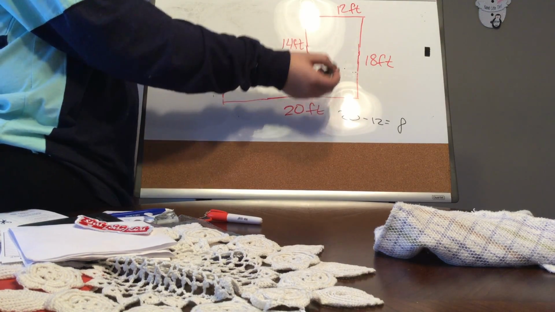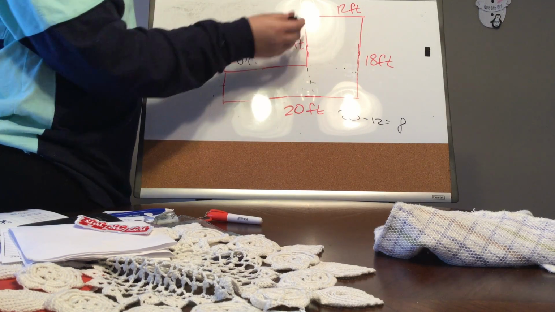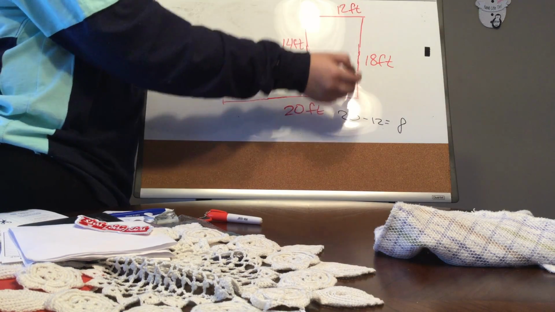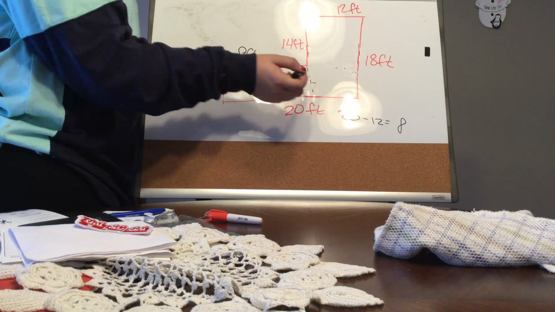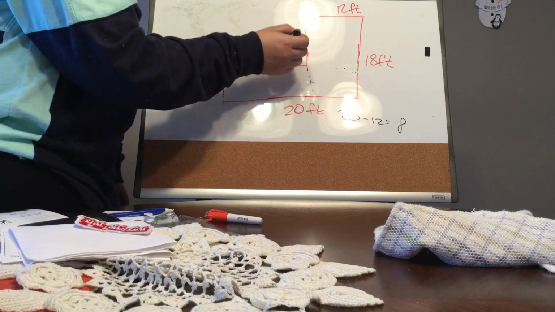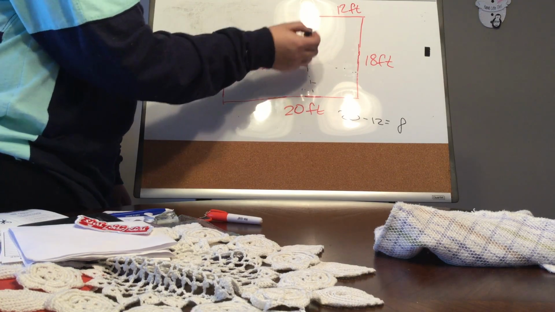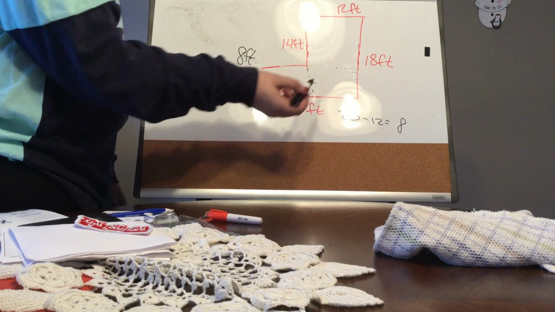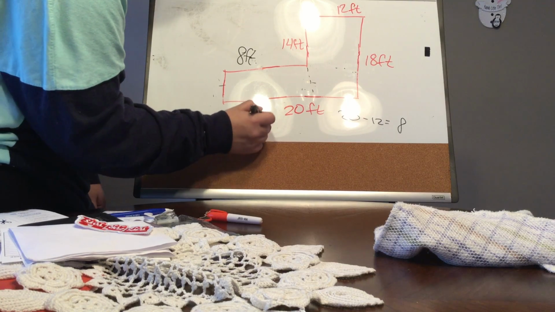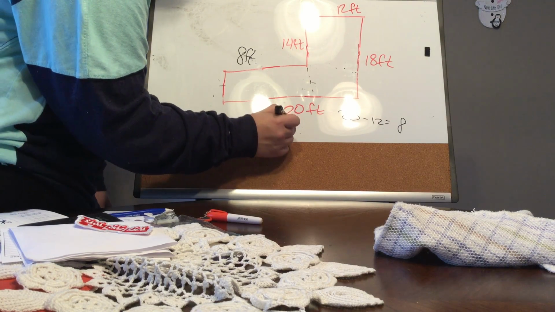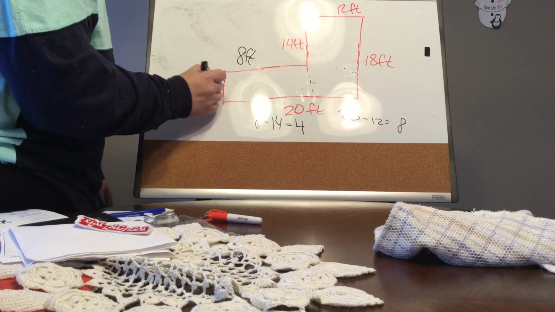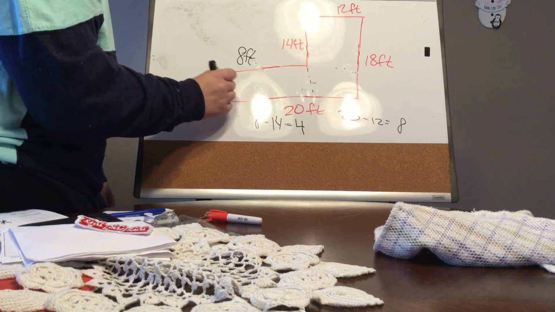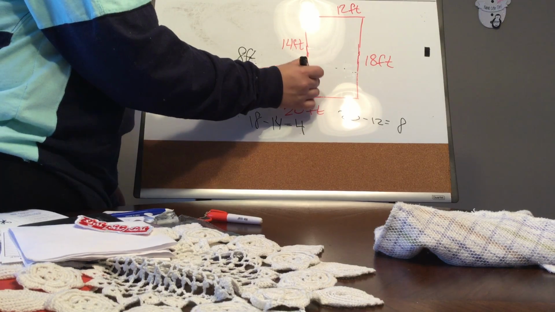If we look at this rectangle for reference, we know that this part is 18, so this side has to be 18. We know that this side is just 14 up here from this rectangle, but we need to find the rest of it. So we're going to do 18 minus 14, which equals 4. So we know this part is going to be 4 feet, because this little part over here is 4 feet.